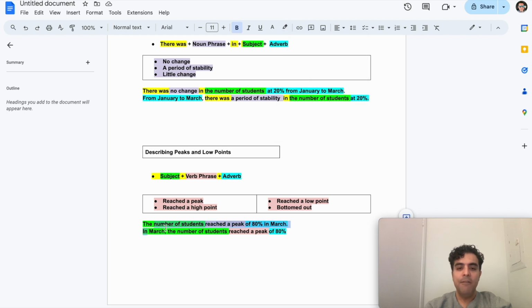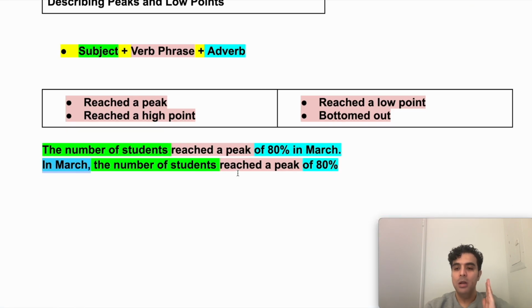For example, if it's happening during a month, we know that for months we use in. If you're talking about a particular time of the day, you could say in the morning, in the afternoon, in the evening. If it's a particular time on the clock, then you could say at 12 o'clock, at 1 p.m., right? Or maybe the peak happens in a duration. So you could say, between February and September, it reached a peak, something along those lines.